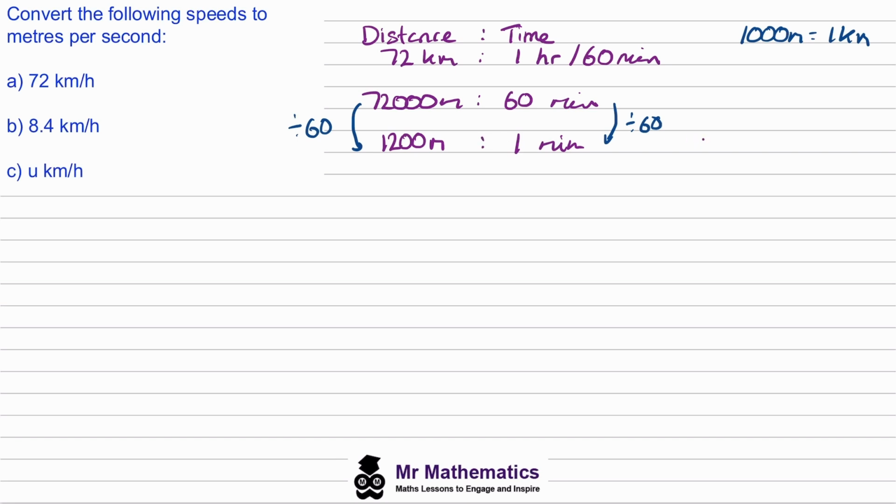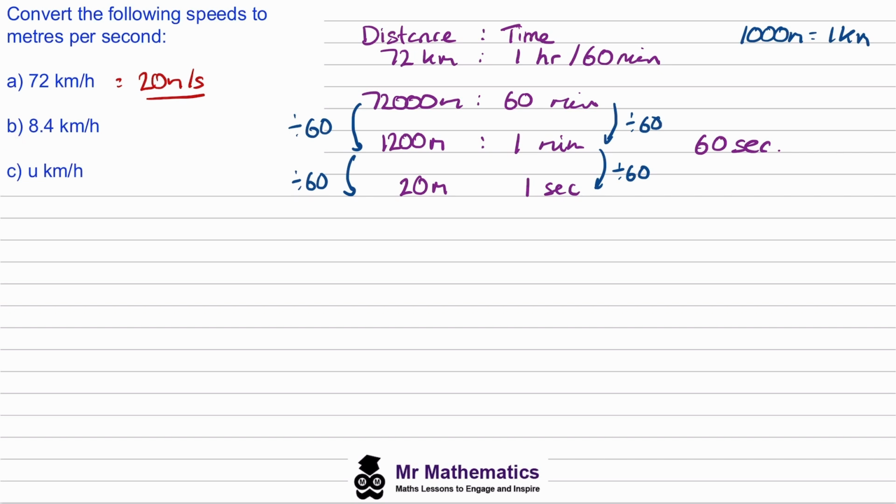And we know that 1 minute is the same as 60 seconds, so to work out 1 second, we divide both sides of the ratio by 60 again. So the distance covered for 1 second would be 1,200 meters divided by 60, 20 meters. So this will give us 20 meters per second. So it's all about keeping the ratio balanced.